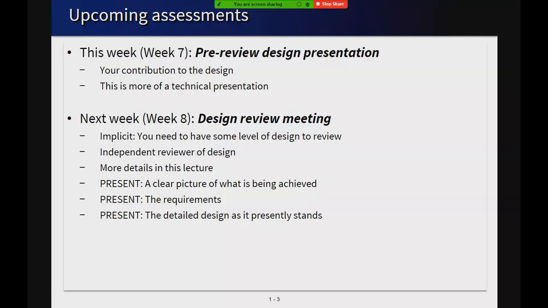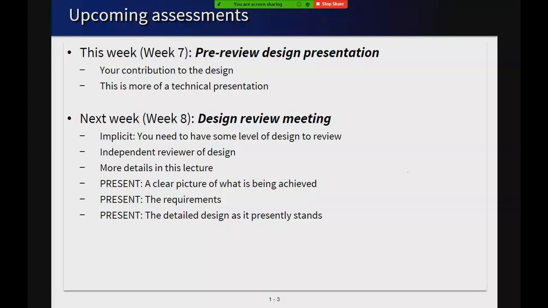A key mistake a lot of people make in these presentations is to come up and say, I ran these meetings, I did this project management, I did that project management. That's not what these presentations are about. They're about the technical aspects of your design, how far you've got with that.